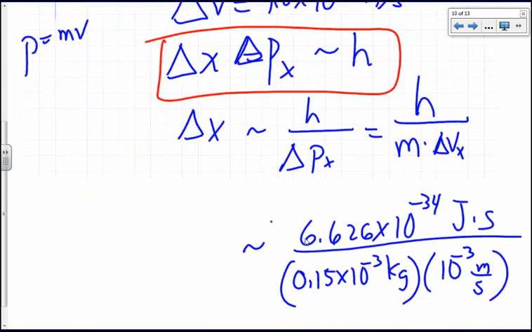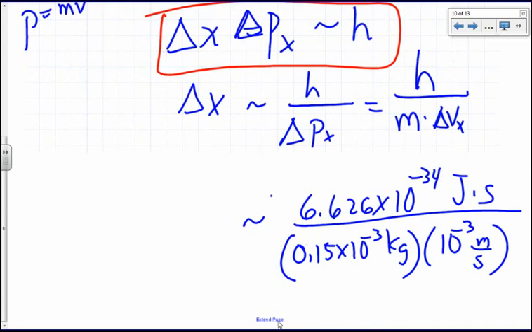All right, so just plug in the numbers, plug and chug.